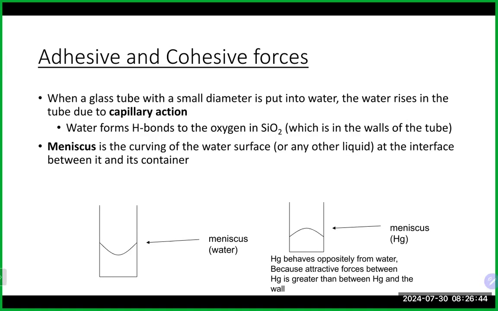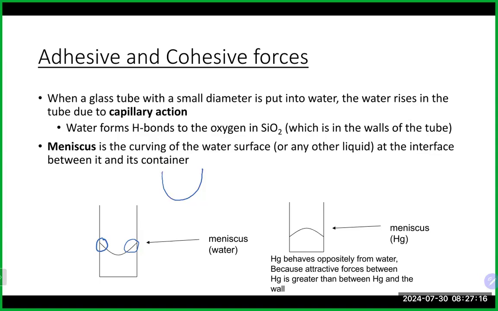And if you have really strong adhesive forces, what we see here, for example, with water in a glass container, the attractive forces between water and the glass container are actually stronger than the attractive forces between water and itself. So when the water is at the edges of that glass container, it will start to rise up the sides of the wall due to capillary action, those attractive forces. And that is what gives us our curvature of the liquid, our meniscus.